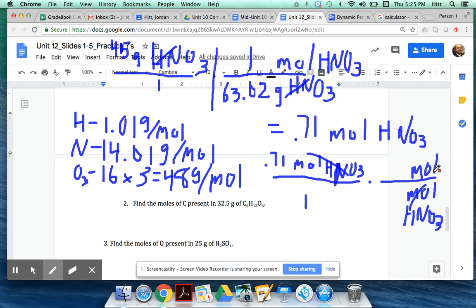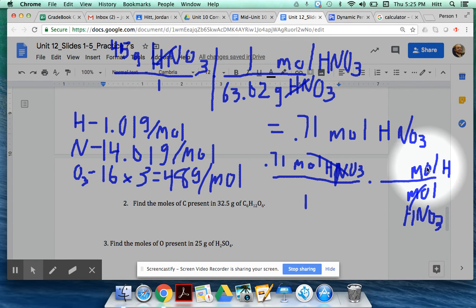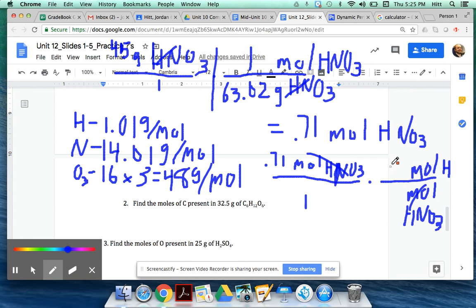I don't know if you guys remember, because we haven't done one of these in a while, but anytime you're going from moles of the compound to moles of an element, you simply look at the subscripts. Subscripts are these numbers, like this 3 right here on the O, that's a subscript. If you look at H right here, there is no subscript, and that means it's just a 1. So all I'm going to do is put a 1 right here.